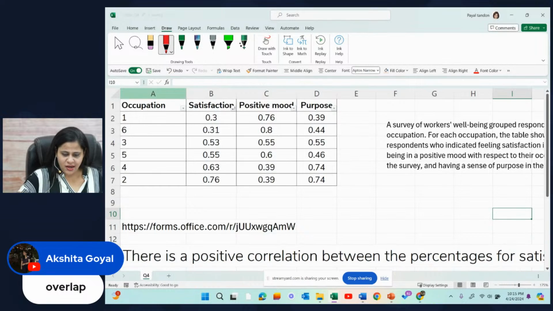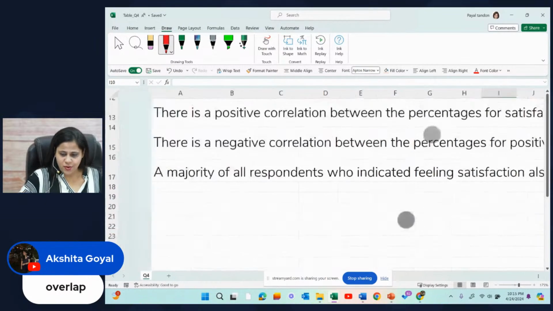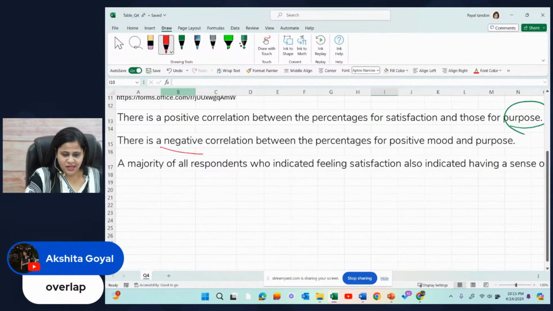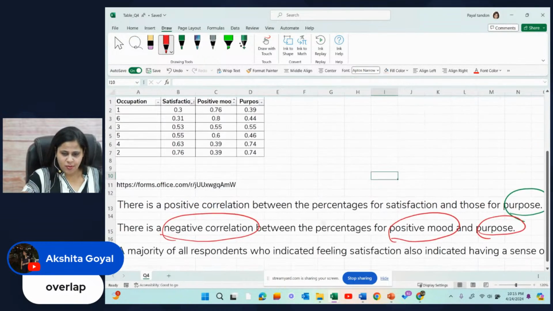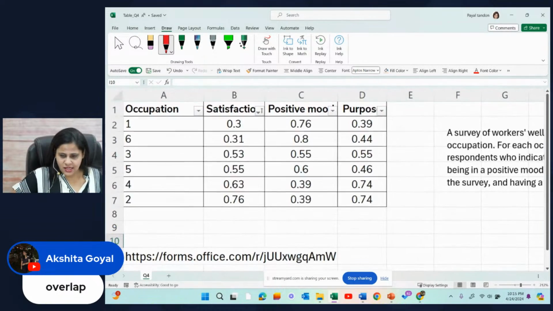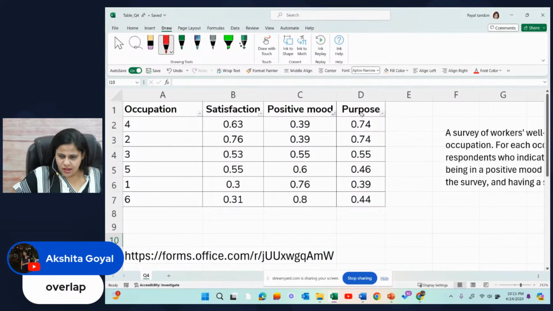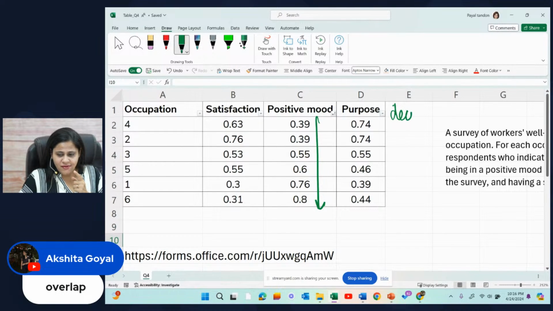Now let's take a look at statement number 2. There is a negative correlation. So we are talking about negative correlation between what? Positive mood and purpose. Negative correlation means they'll go in opposite directions. So let's take this up, positive mood and purpose. This is going in increasing order here, obviously, because that's how I have sorted. Now, for purpose to be negatively correlated, I should be seeing a decrease in the values for purpose.